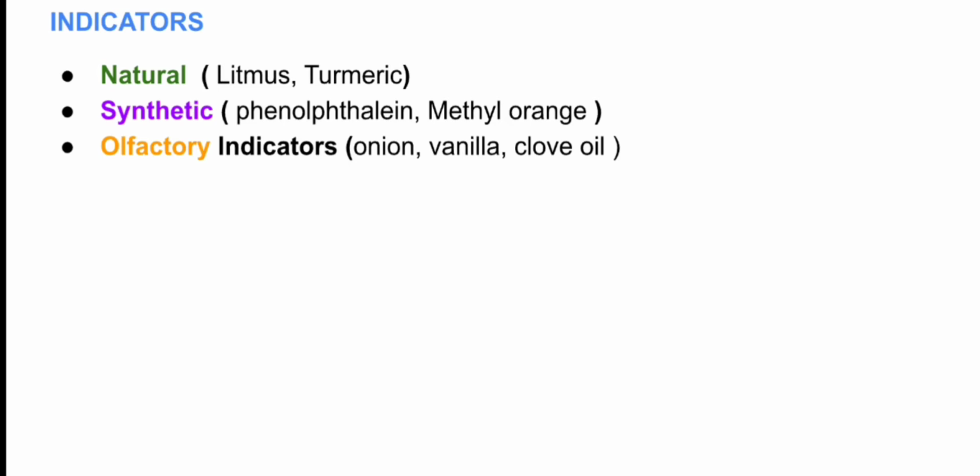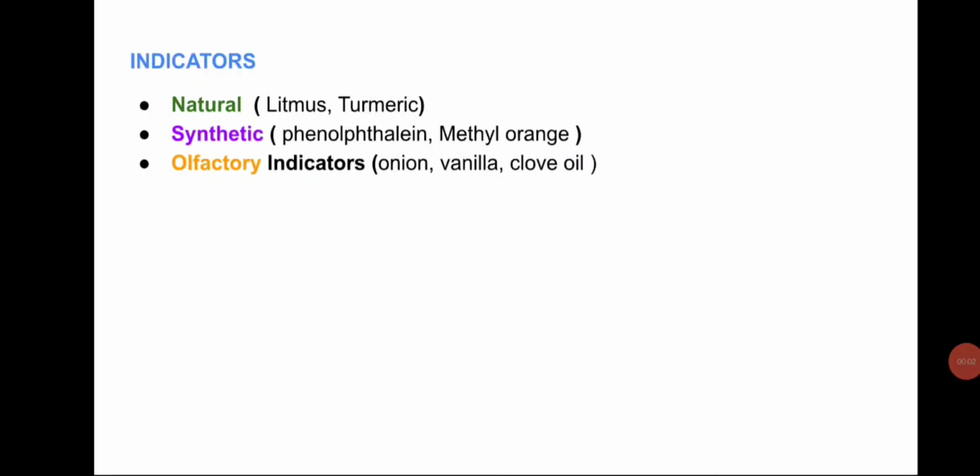Litmus, turmeric, and hibiscus are examples of natural indicators, and phenolphthalein and methyl orange are examples of synthetic indicators. Both natural and synthetic indicators indicate whether substances are acid or base by changing their color.